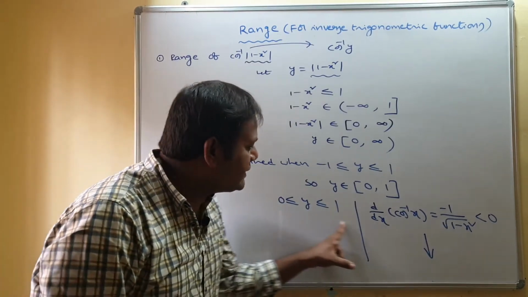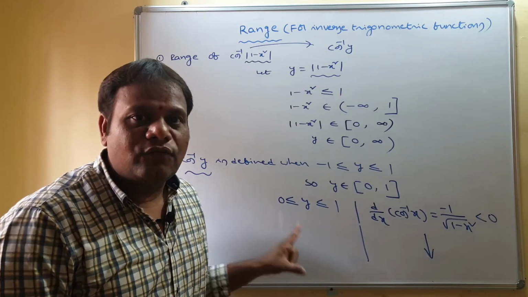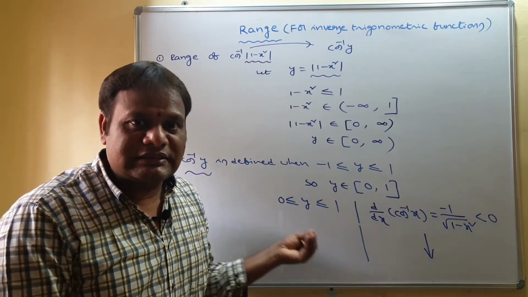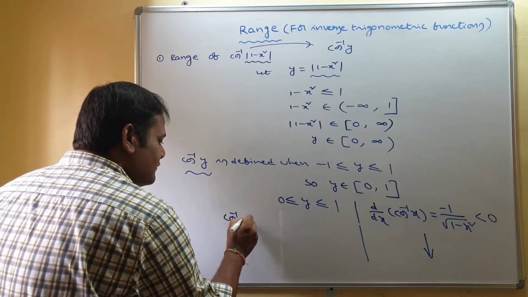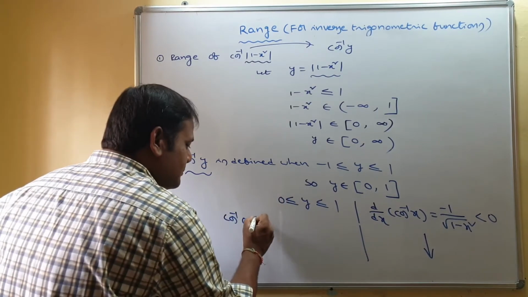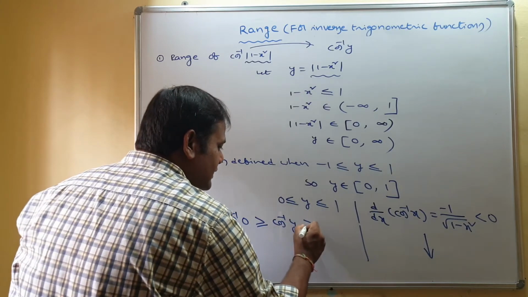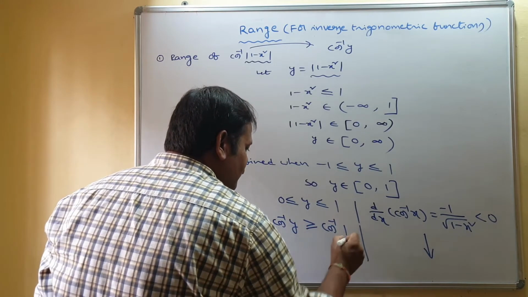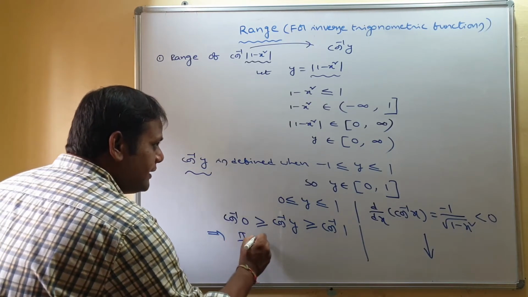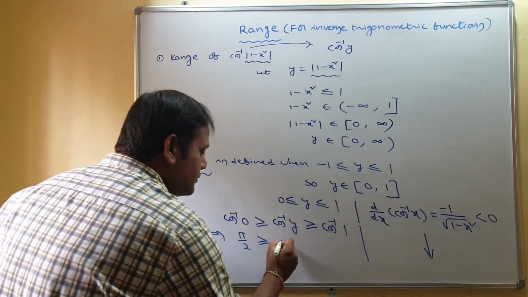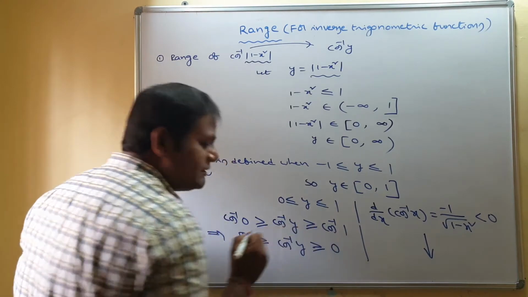If you apply a decreasing function on an inequation, then what will happen? The inequation sign changes. So here we get cos inverse 0 greater than or equal to cos inverse y greater than or equal to cos inverse 1. What is cos inverse 0? It is pi by 2, greater than or equal to cos inverse y, greater than or equal to cos inverse 1, which is 0.